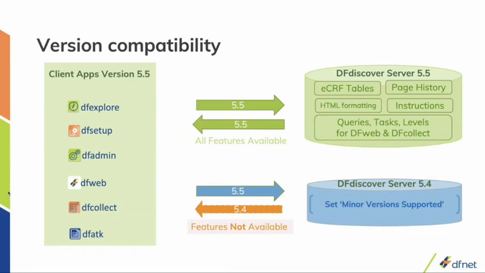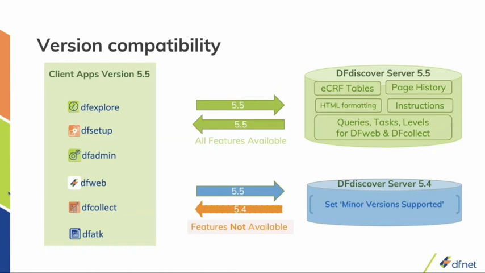Likewise, desktop client tools features like eCRF tables, instructions, HTML formatting, and new page history are only supported with DFdiscover 5.5 or newer backend. Though these new features are not supported with servers running previous versions, as you can see on the bottom right of the screen, all of our client tools and apps are backward compatible when connecting to those servers.